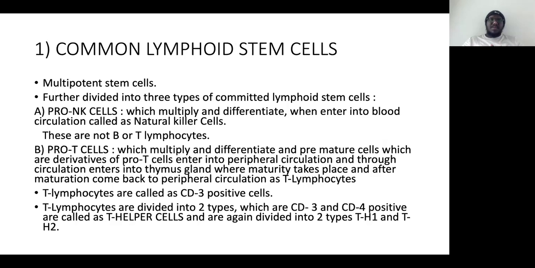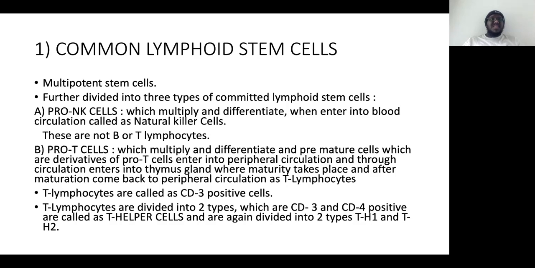So first we see common lymphoid stem cells, which are multipotent stem cells further divided into three types of committed lymphoid stem cells. First is pro-NK cells, which multiply and differentiate, and when they enter the blood circulation are called natural killer cells. These are not B or T lymphocytes.